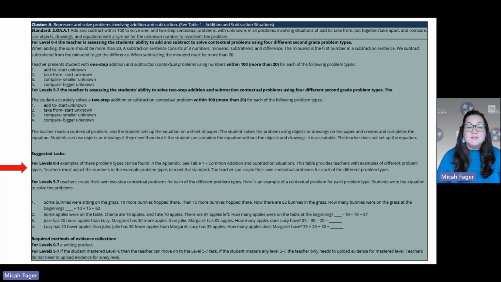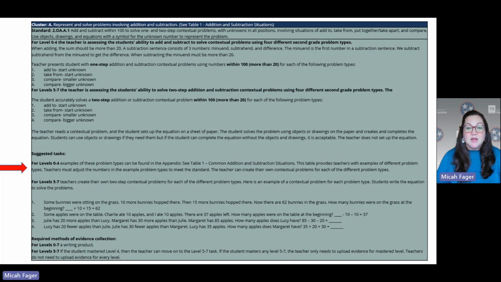The teachers must adjust the numbers in the example problem types to meet the standard. So you will need to adjust the numbers in the problem types to be more than 20 for the sum and more than 20 for the minuend.